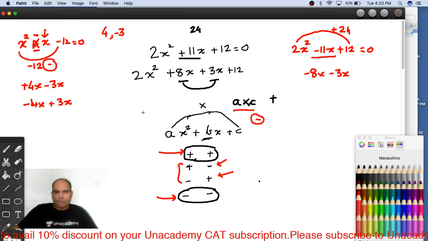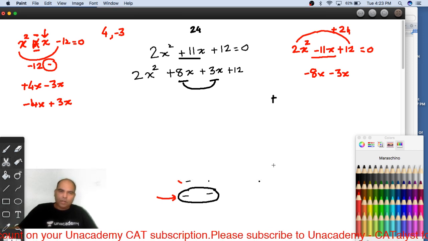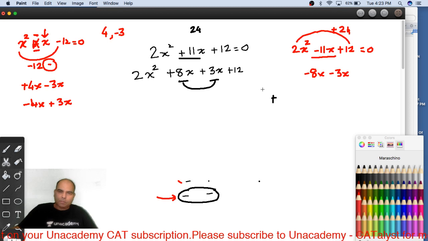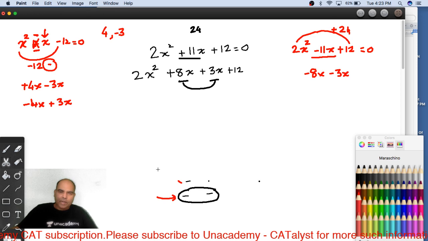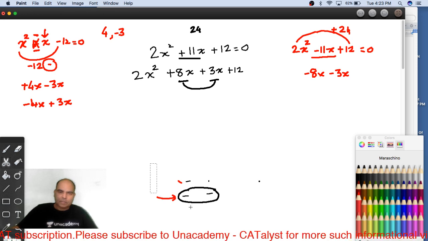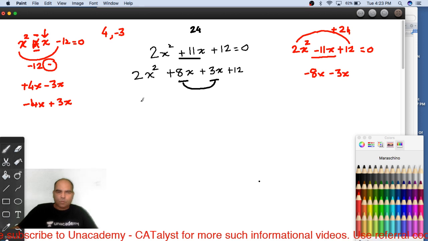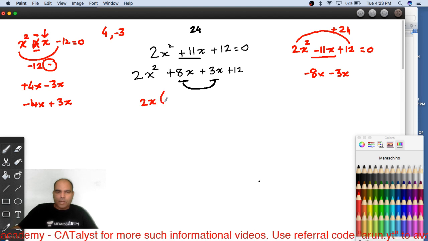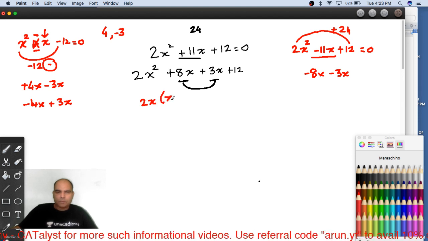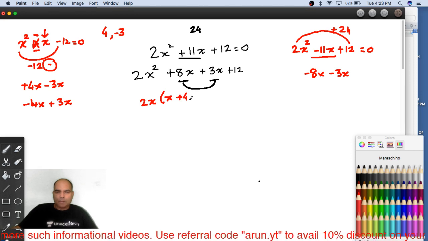And when you look at this question, you're doing the split of 11 so that you can get a product of plus 24. So 8x and 3x are the splits. So if you take the 2x common here, you'll get an x plus 4, and that gives me a value x plus 4 and the 3 common.